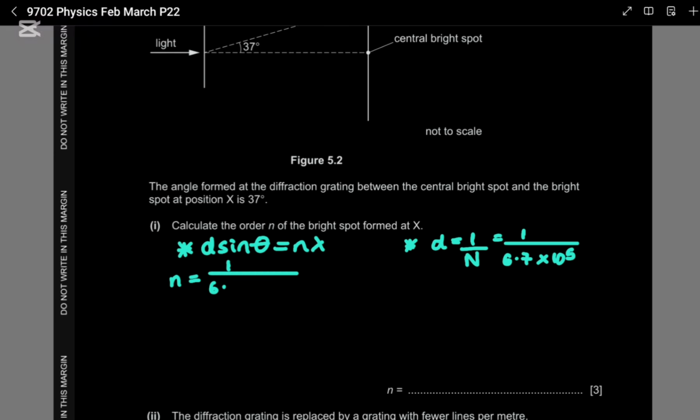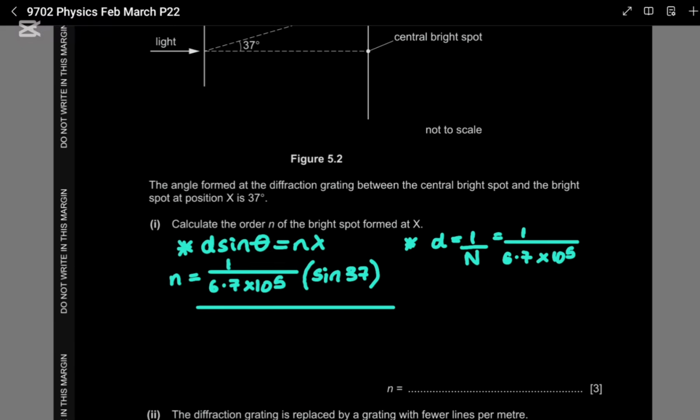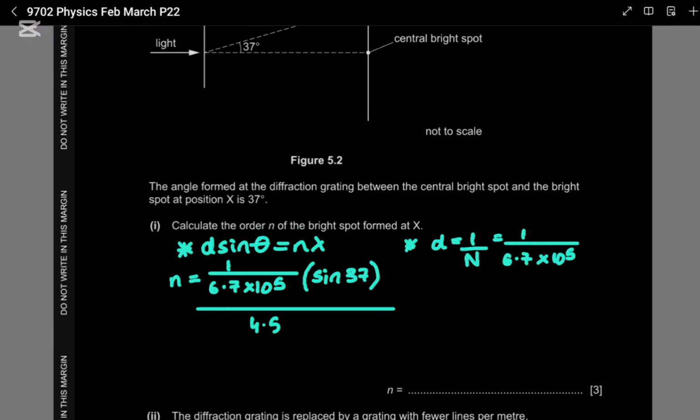1 over 6.7 times 10 to the power of 5 into sine 37 over lambda, which was 4.5 times 10 to the power of minus 7. Okay, let me plug this into my calculator. 1 over 6.7 times 10 to the power of 5 into sine 37 over 4.5 times 10 to the power of minus 7.